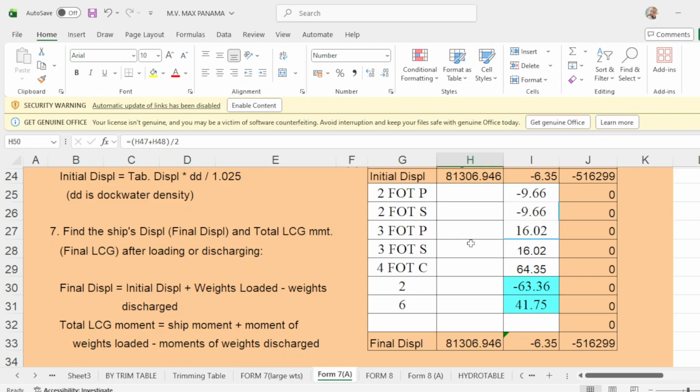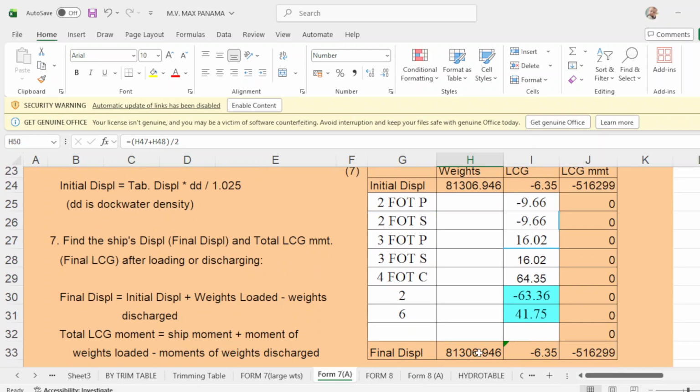But in this case, you don't have to discharge or add cargo. So your final displacement is the same, 30806, and your final LCG will be negative 6.35, and your LCG moment is 51629, which is the same here, guys.